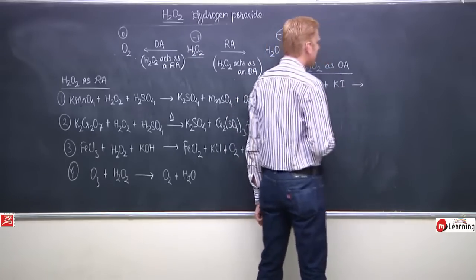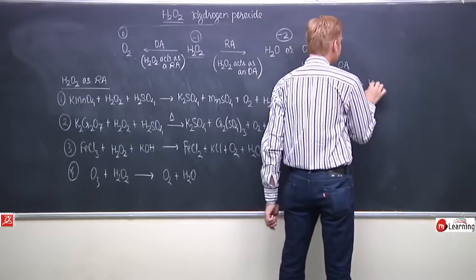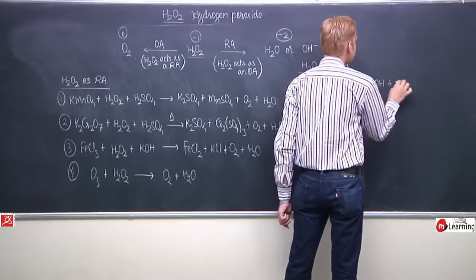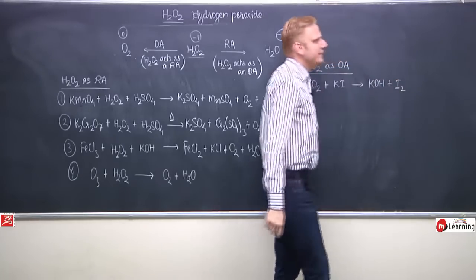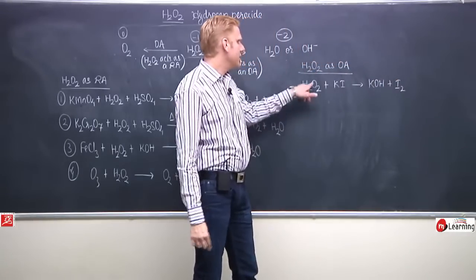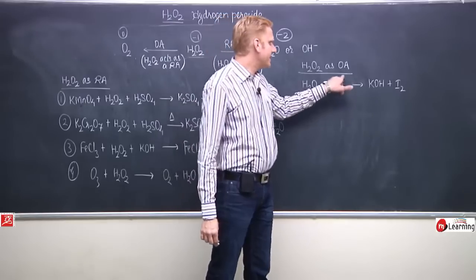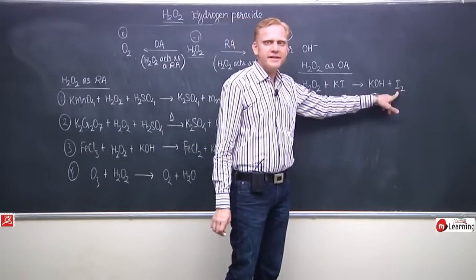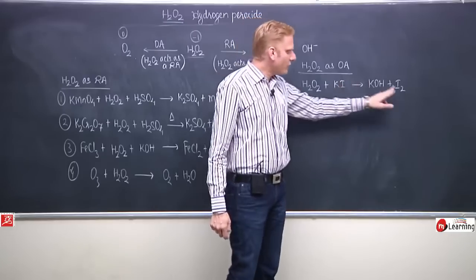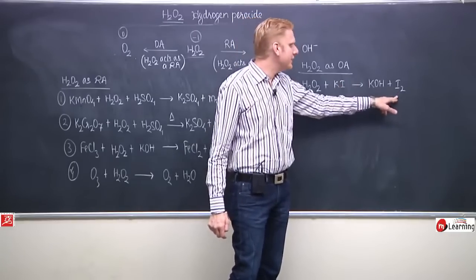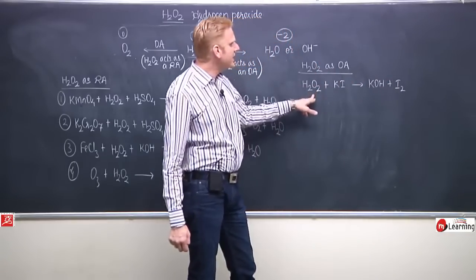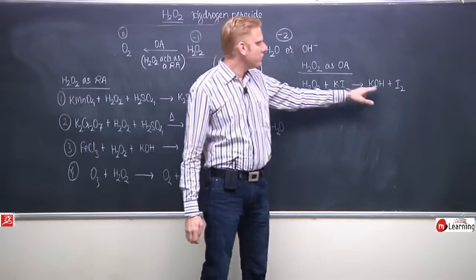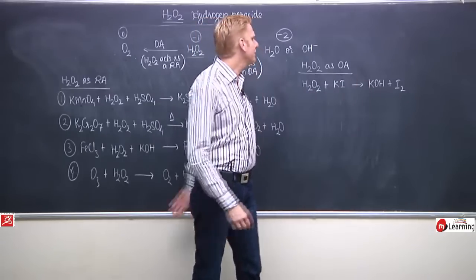Suppose we have KI. Hydrogen peroxide oxidizes KI into iodine. Look at the change. I negative is changing into I2. That means it is undergoing oxidation. At the cost of oxidation of iodide into iodine, hydrogen peroxide is undergoing reduction into hydroxide. Right?